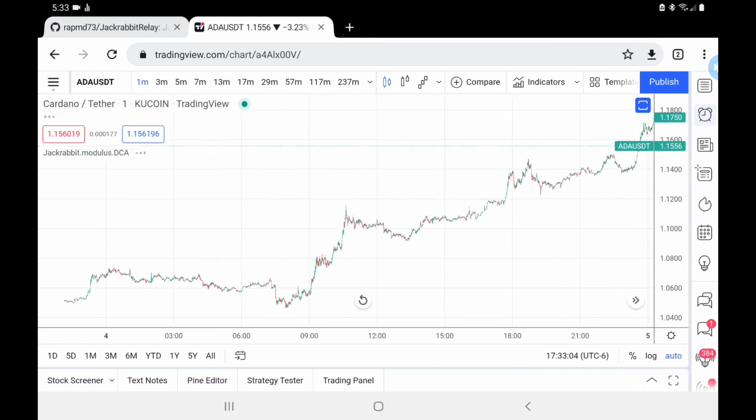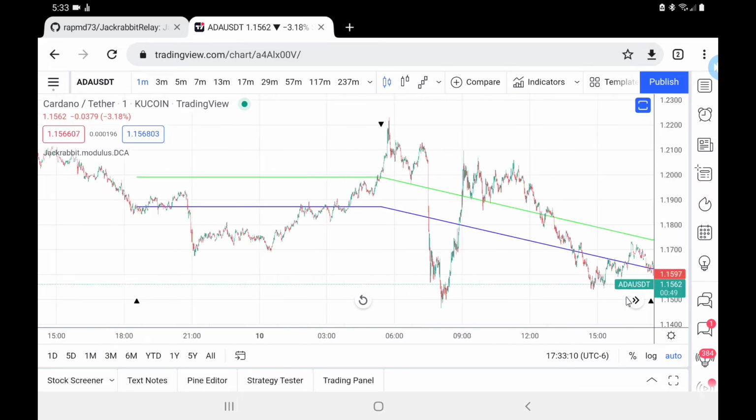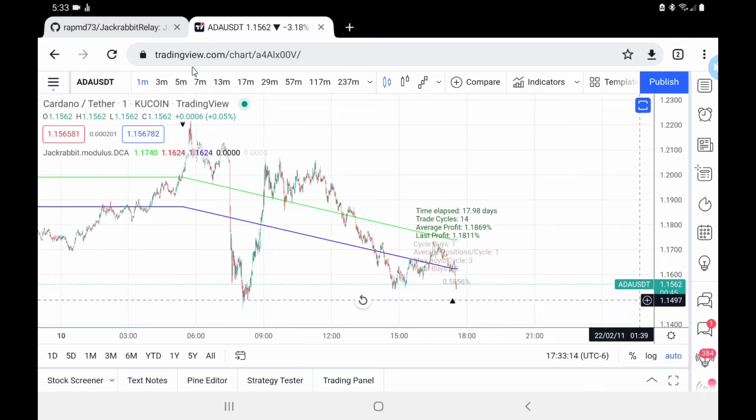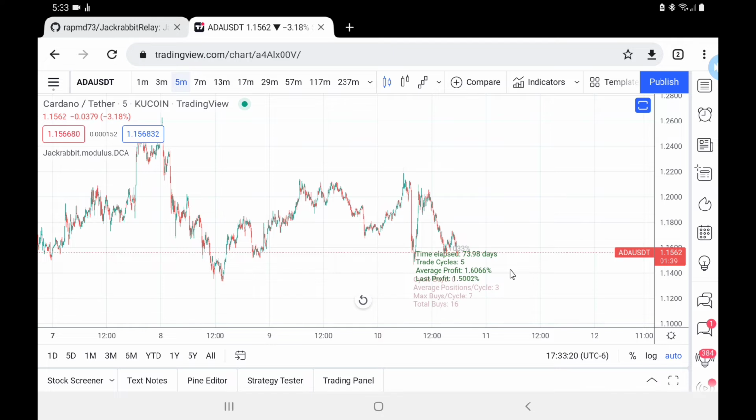Now, in testing this along different time frames, for example, let's go to the 5-minute. You can see that overall, the average and the max stay relatively within the framework that I want.